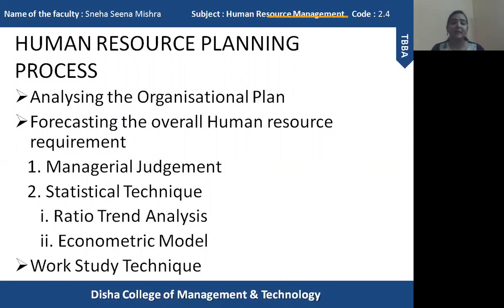Then they compare it with the future work level and production level, and accordingly estimate how many people are required to fulfill the future requirement of increased work level and increased production level. So on the basis of past information and data, they are able to calculate the future requirement of human resource.